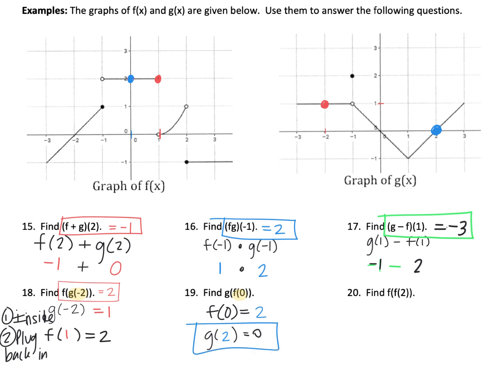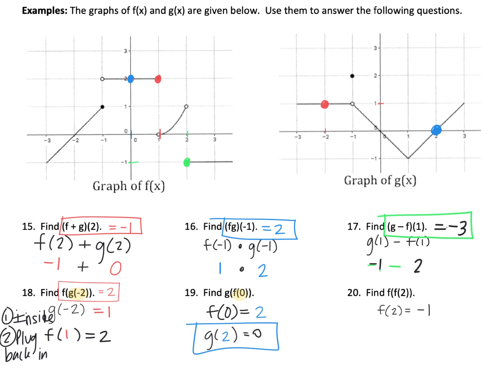Can you please try the last one? So you will start with doing f of 2. Once you figure out what f of 2 is, you will plug it back in. Is it -1?